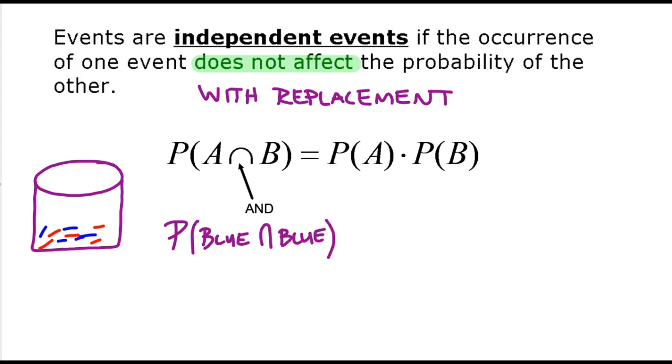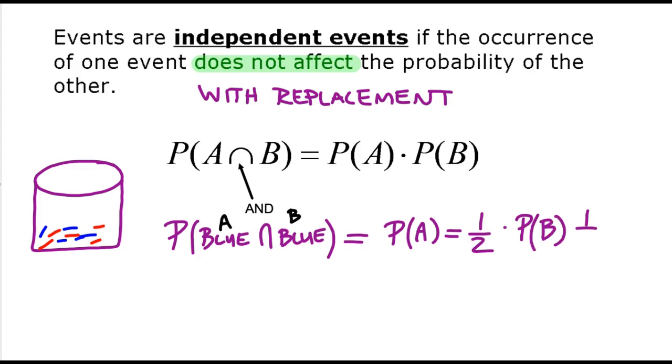They're independent events, so let's say blue 1 is A and blue 2 is B. The probability of A happening is 1/2, times the probability of B happening, which is also 1/2.